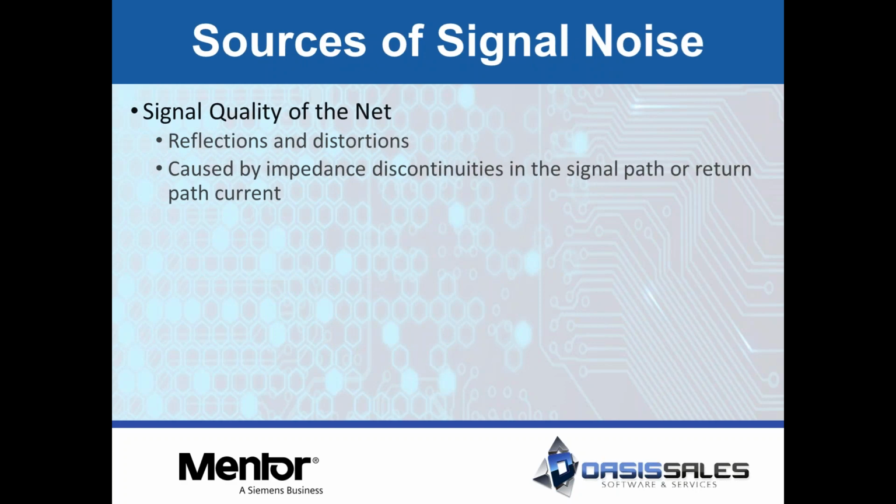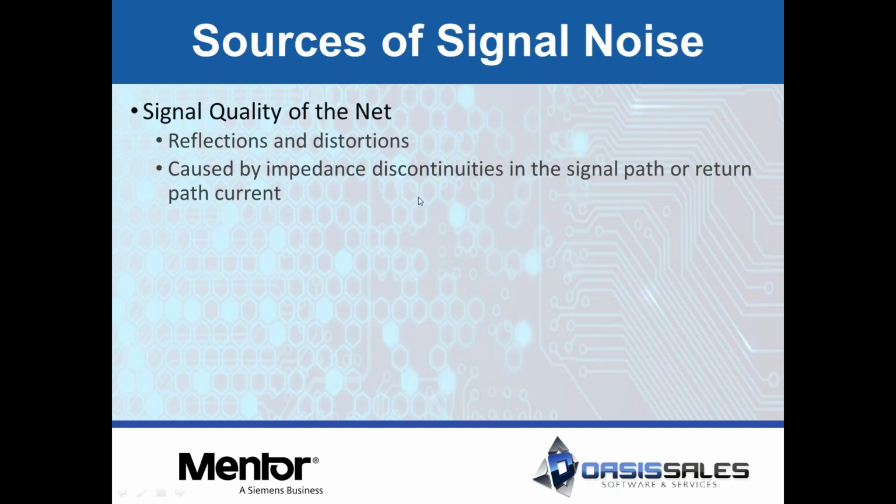So some of the sources for signal noise are going to be reflections and distortions. That's the big thing that causes signal integrity problems: as a signal edge starts to become faster and faster, the impedance mismatches on that transmission line and with the receiver cause distortions or reflections, okay?